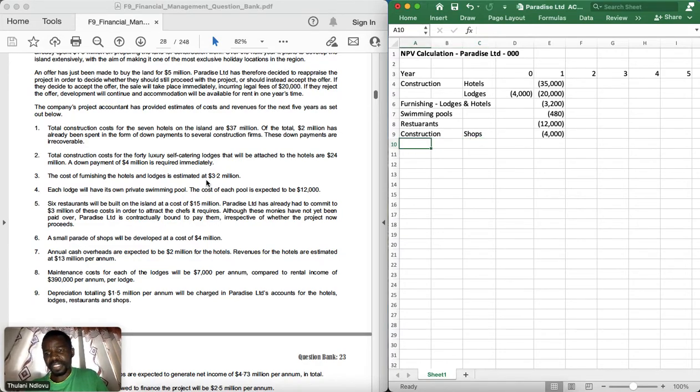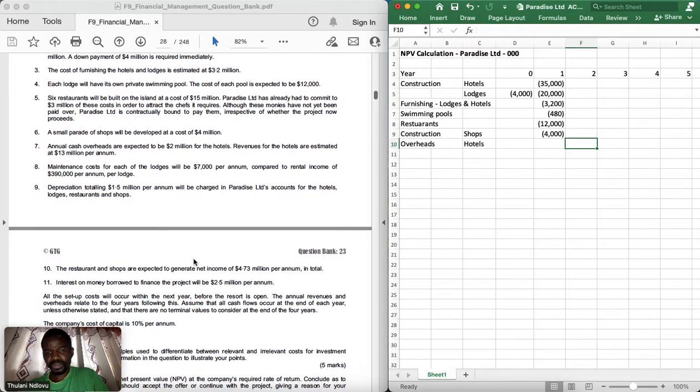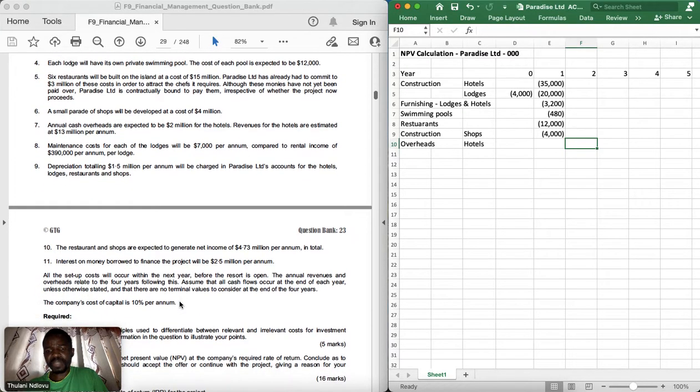Then number 7, annual cash overheads are expected to be 2 million for the hotels, and revenues for the hotels are estimated at 13 million. So overheads, hotels. We are told in the last paragraph that the annual revenues and overheads relate to the 4 years following this.